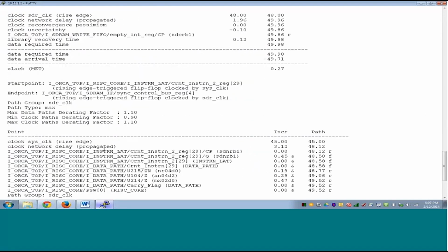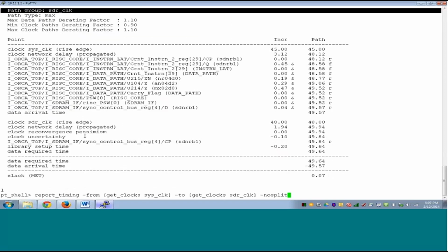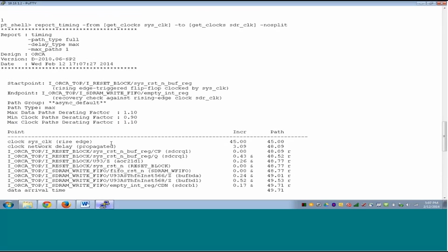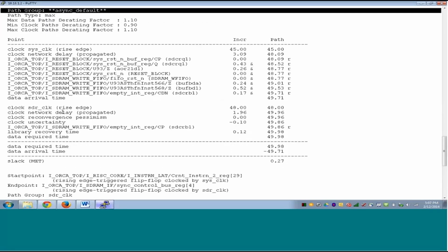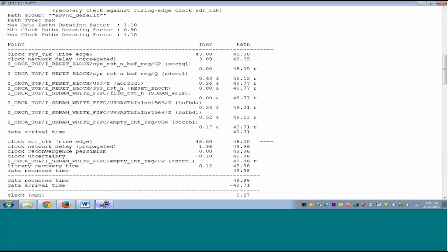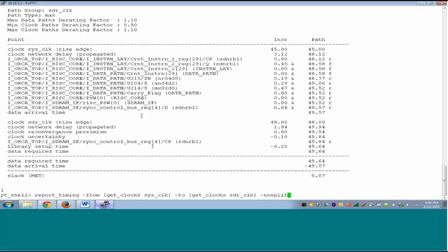Since it's a different group than the clock group, it will again give me, for any report timing command, whatever path group is satisfied. For each path group, it will give me the worst clock. In this case, the capture clock is SDR clock, but for the async default also the capture clock is SDR clock. Since it's a recovery removal type of check, it's grouped under async default, so it will give me the async default report, plus the regular reg2reg report.